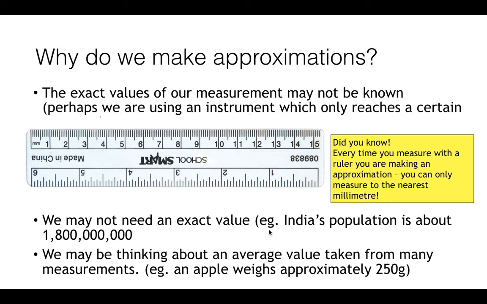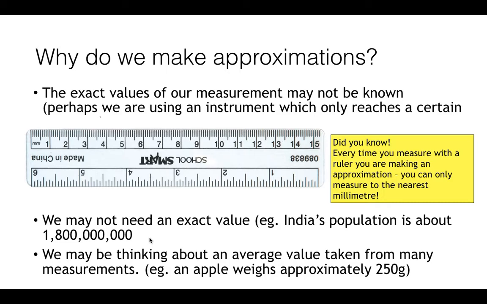We might also make an approximation when we don't need an exact value. For example, I might say India's population is about 1.8 billion, yeah.